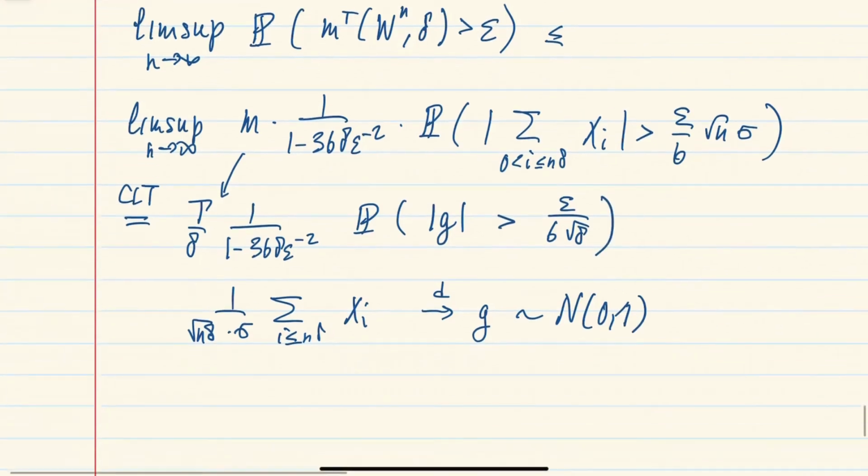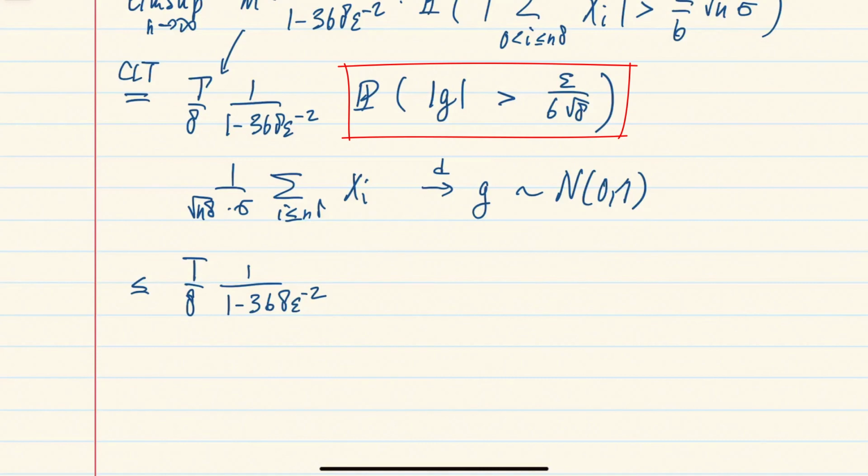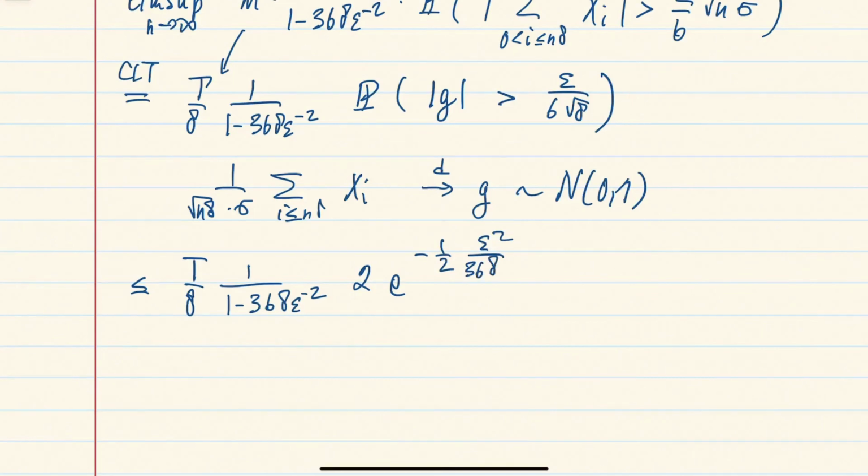Now we are basically done, because we can now apply the control for the tail of the Gaussian probability that we have already seen before. So let's leave the first two factors as they are. And so this final probability, because it's two-sided, you can control it by twice e to the minus 1/2 times this constant square, so epsilon squared over 36 delta.